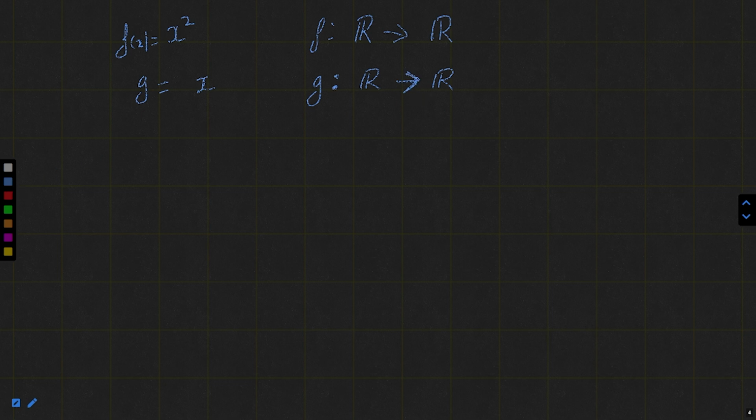Okay, now can we define g of f(x)? Let's see. The codomain for this is R, and the domain for this g is, as you can see, R. So can we define it?